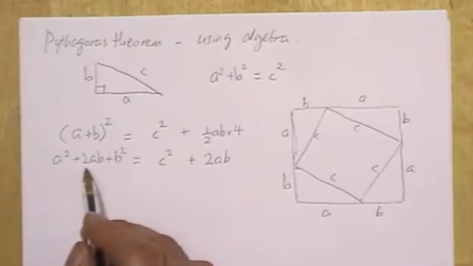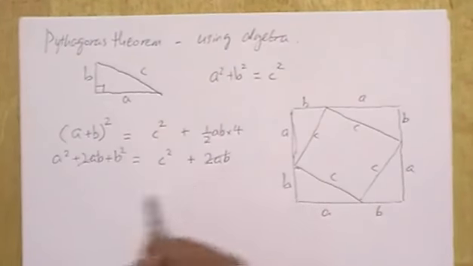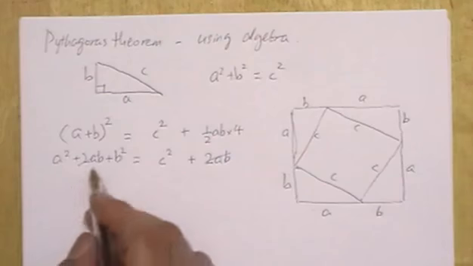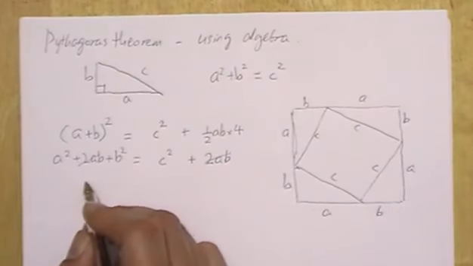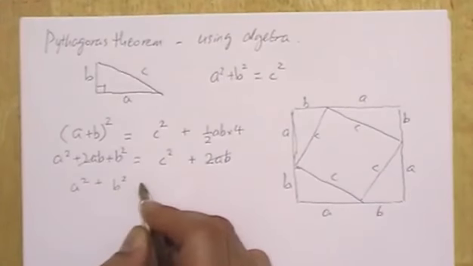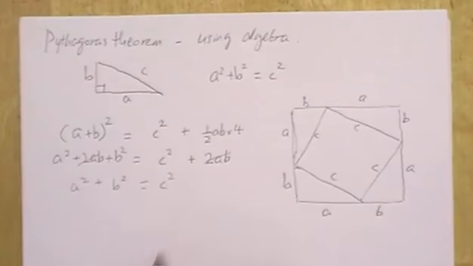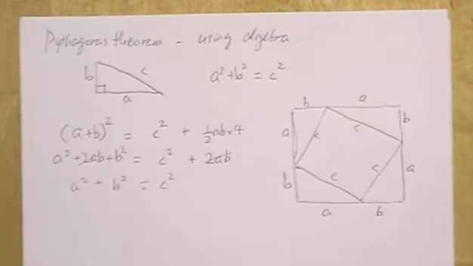Now, I can subtract 2AB from both sides. And now, we have the Pythagoras Theorem. We're left with A squared plus B squared equals C squared. So that's proving Pythagoras Theorem using algebra.